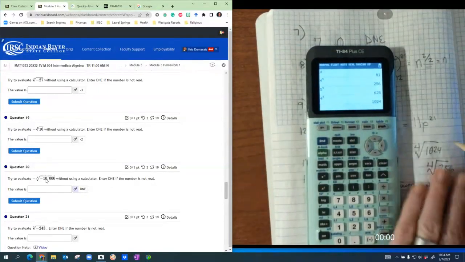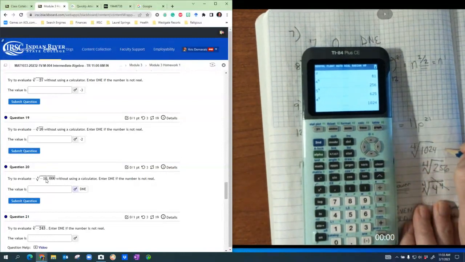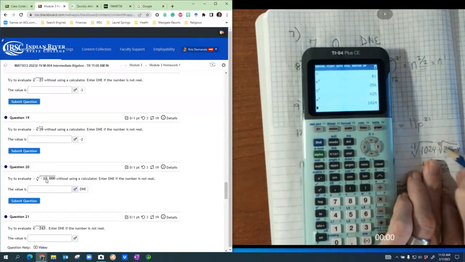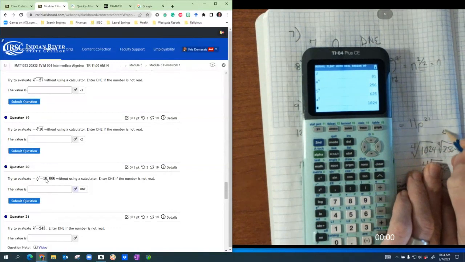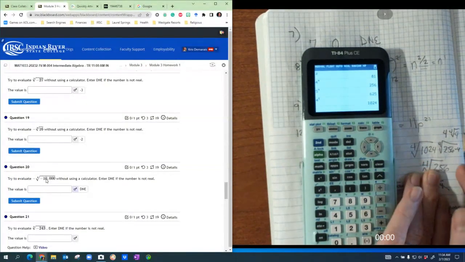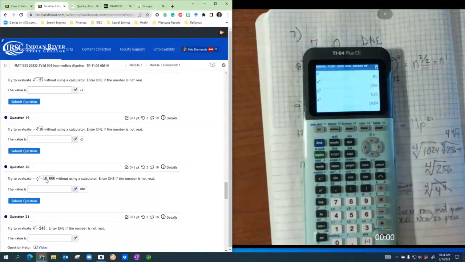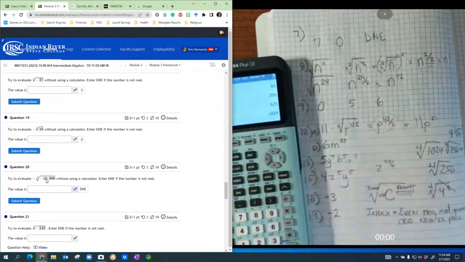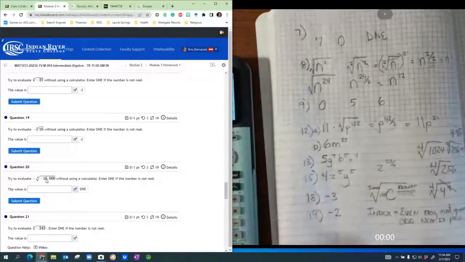So what I could do is say, well, 256 times 4 is the same thing as 1,024. So I can take and break this down to be 4 times the fourth root of 4. So that would be the answer we're looking for. That's later, though. I don't want to talk about it right now. But I just want to say that they're not always the same, although in this case it is, it seems like.